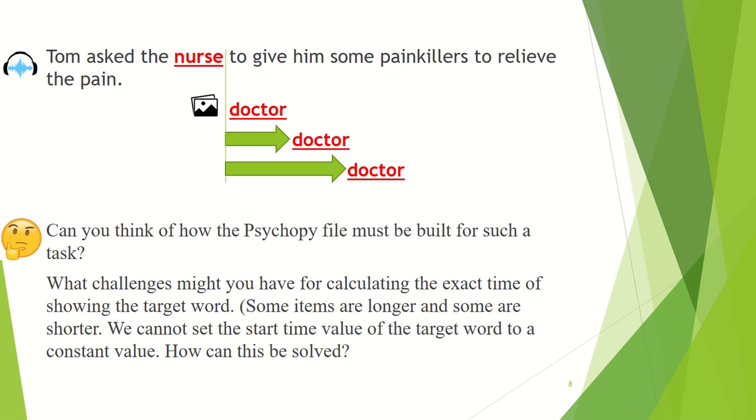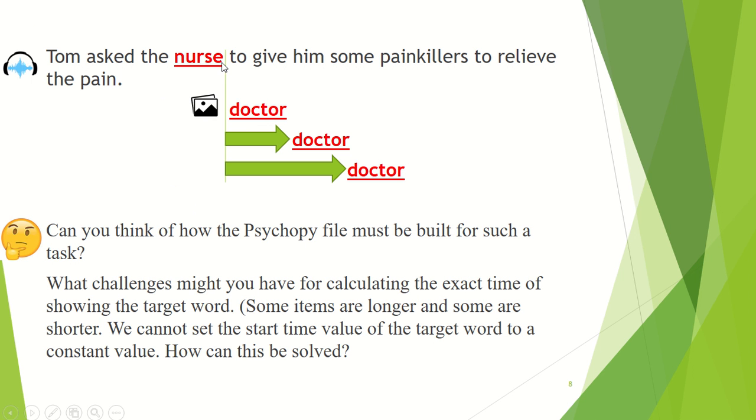Think about how to build the PsychoPy file, and think about the possible challenges that you might have when you are building the input file. Because as you can see, the prime word is within a sentence, and the target words should be displayed after the prime word. So the location of the prime word in our sentences is not fixed.